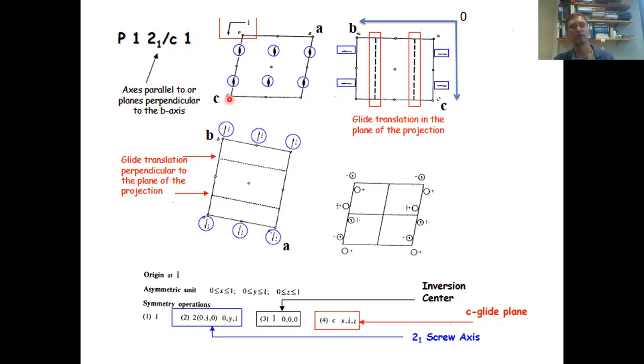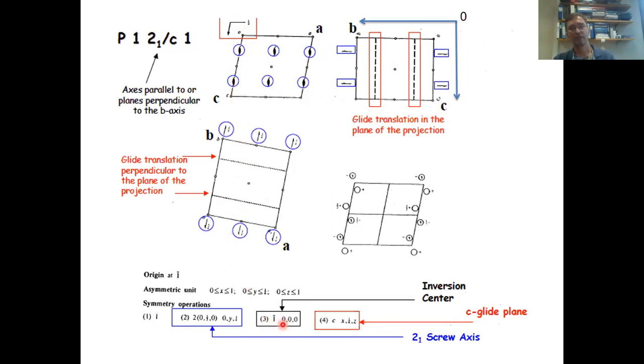We have to go from here 1/4 into C direction, but we are not going at all into A direction. So the other 5 screw axes that you see in the unit cell are just produced by the other symmetry elements within the unit cell.